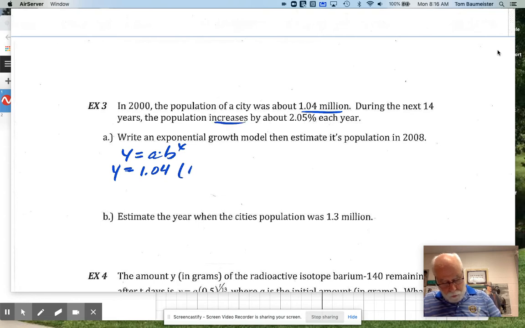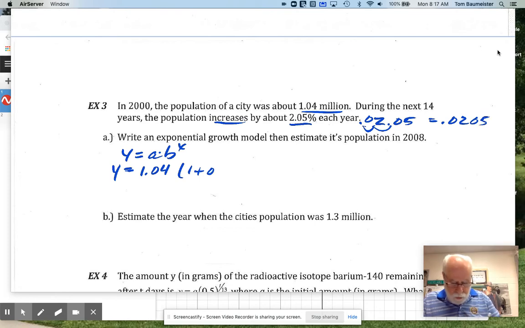Okay? And then we know that it is increasing. So we're going to have 1 plus, and we're going to take our 2.05%, and that's a percent, so we're going to change that to a decimal. So over here, 2.05%. I'm going to go 1, 2, put our decimal there. So we're going to have 0.0205 that we're going to add to our 1.